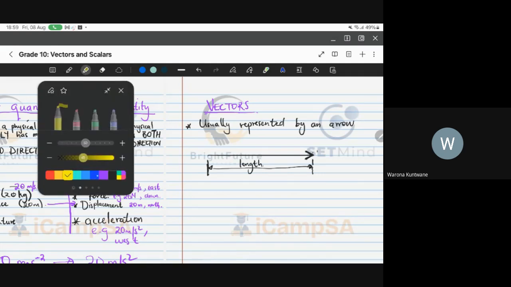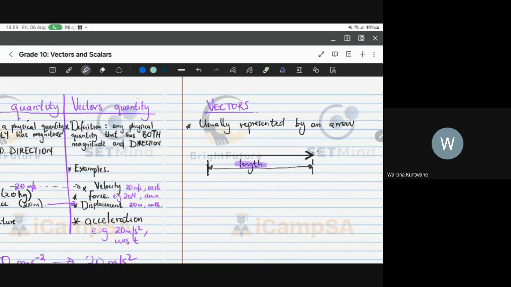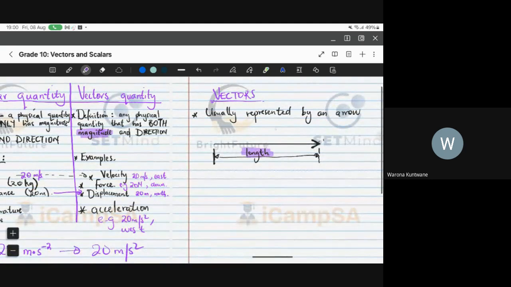So this length corresponds to magnitude. Then the direction of the arrow. If you check this arrow, it's going to the left.